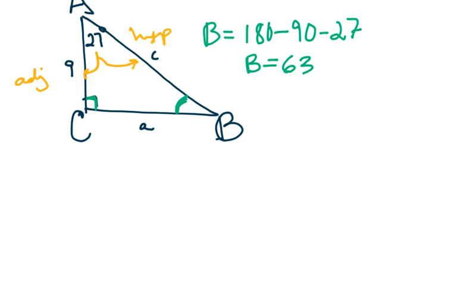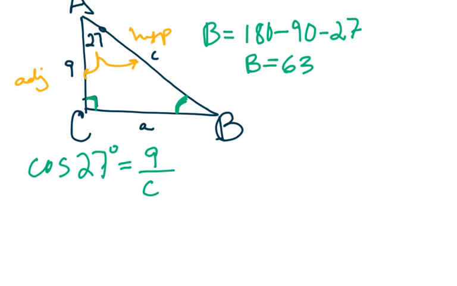So think to yourself, which trig function uses both the adjacent and the hypotenuse? That's going to be cosine. So then I'm going to write cosine 27 is equal to the adjacent over the hypotenuse. And now I have an equation I can solve.